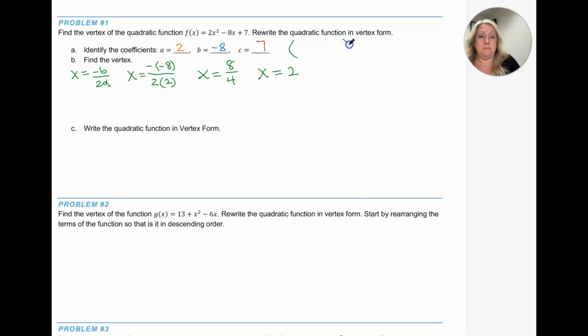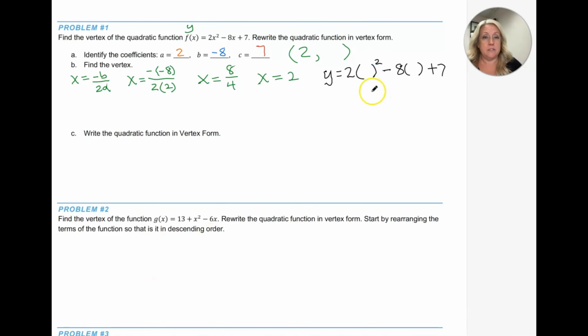Okay, so I'm going to write that up here. So positive 2. Now, I'm not done yet. I need to find the y value as well. And remember, y is the same thing as that f of x. So to find our y value, let's take our equation and substitute that 2 in place of x. When I do that, let's see what we come up with here.